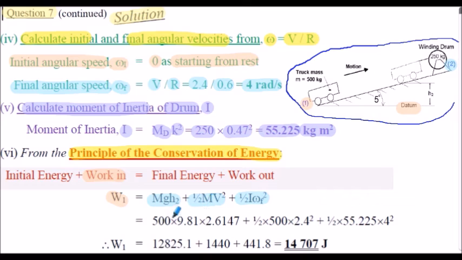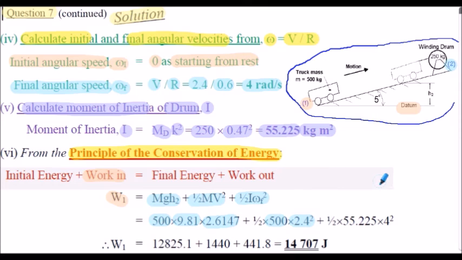Inserting the values, the truck has a mass of 500 kilograms, g is 9.81 meters per second squared. We've calculated height h2 on the previous slide from trig. That's the first term considered. Second term is a linear kinetic energy. Again, the truck mass is 500 and the linear speed at the top of the incline is 2.4 meters per second.